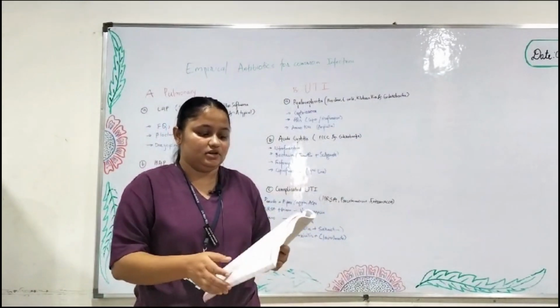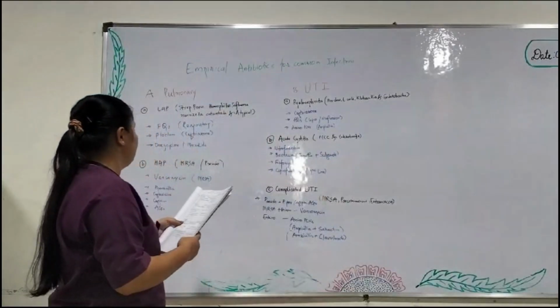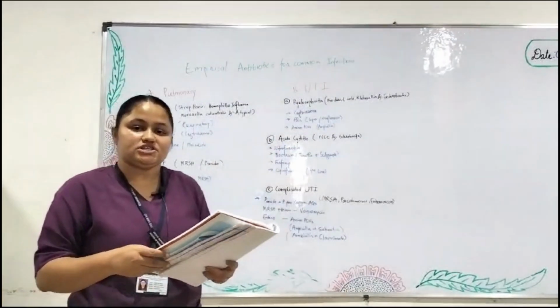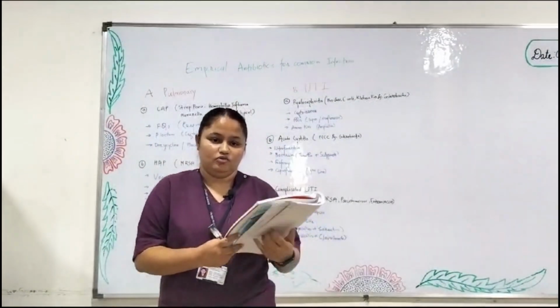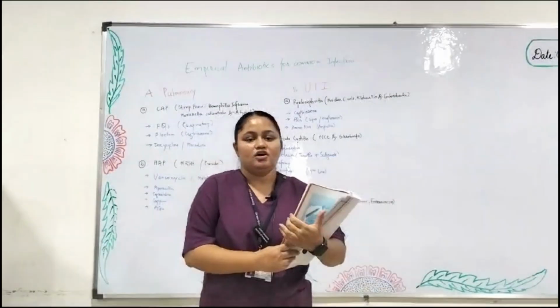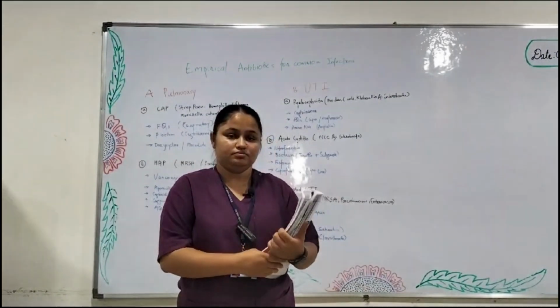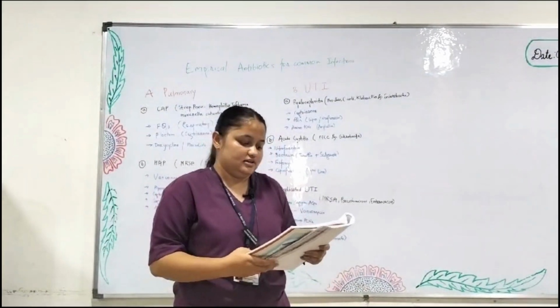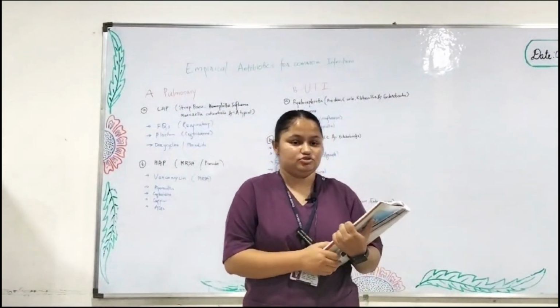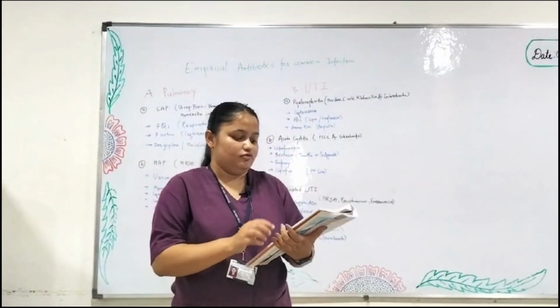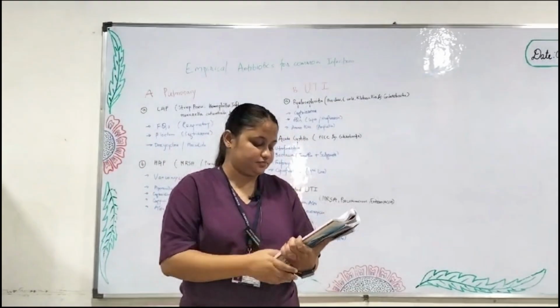For community acquired pneumonia, if the patient is admitted to the ward, the first antibiotic is ceftriaxone plus doxycycline. If the patient is allergic to beta-lactam antibiotics, then we go to fluoroquinolones.